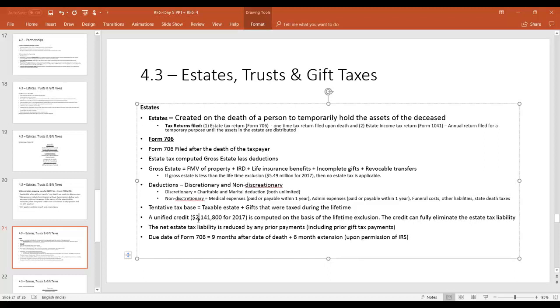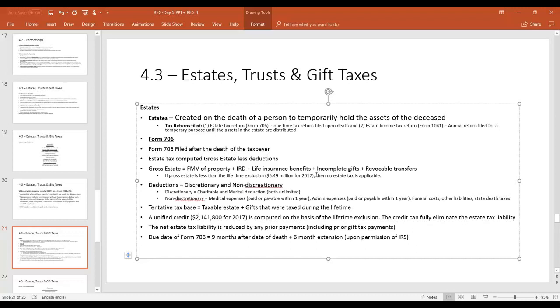Your non-discretionary deductions include medical expenses paid or payable within a year's time, administrative expenses paid or payable within a year's time, funeral costs, certain other liabilities, like for example, say you owed a state tax liability, or you had a mortgage on your house that has not been paid yet. So these are your liabilities, and also state death taxes.